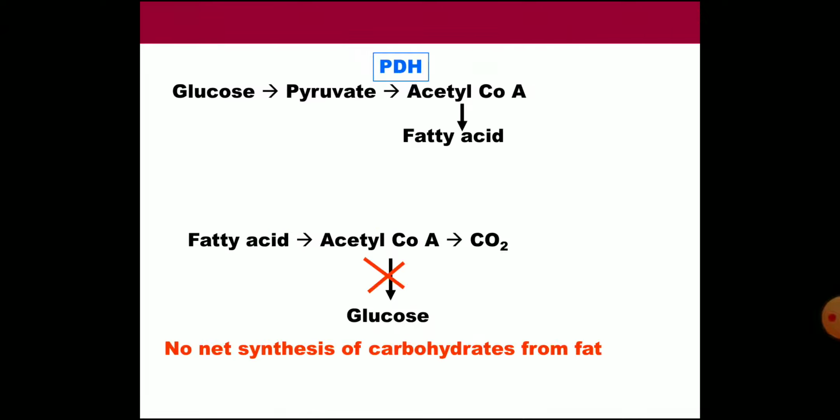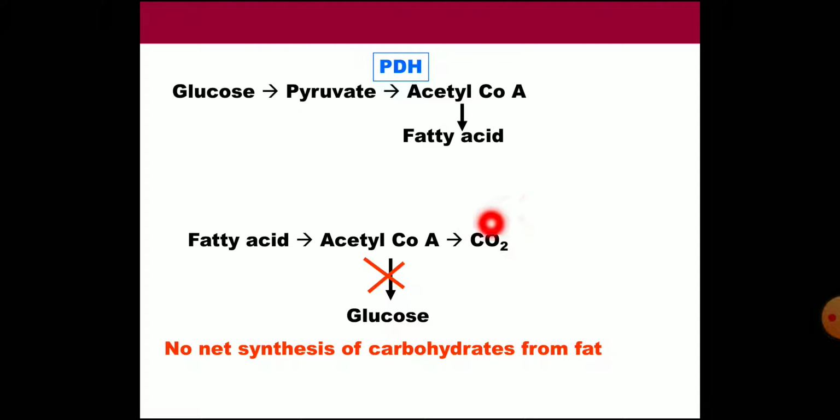Okay. So you can see here glucose, pyruvate, PDH reaction, acetyl-CoA, fatty acid. So from carbohydrate, fat is produced. When fatty acid is there, it can be converted to acetyl-CoA by beta oxidation, and it enters the TCA cycle and produces carbon dioxide, but it cannot go to the formation of glucose. Why? The acetyl-CoA is fully oxidized in the TCA cycle.